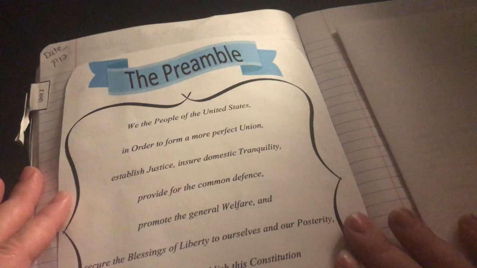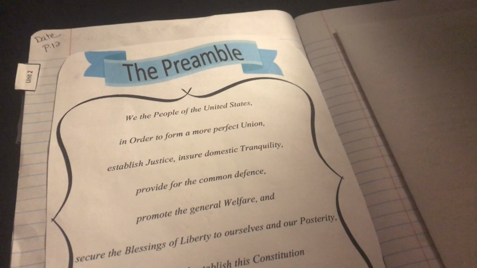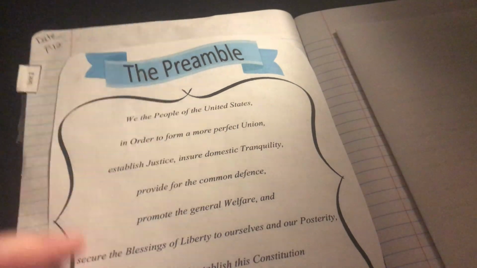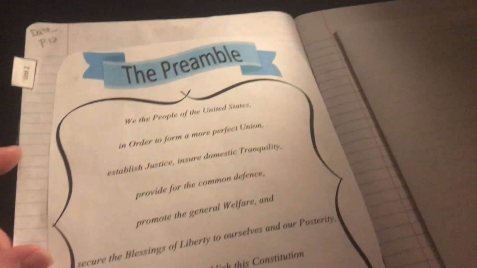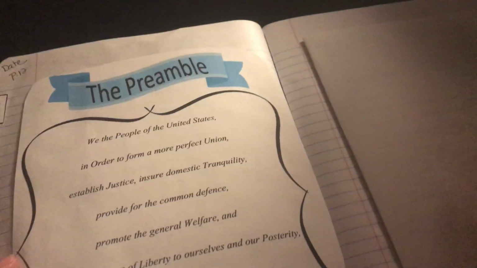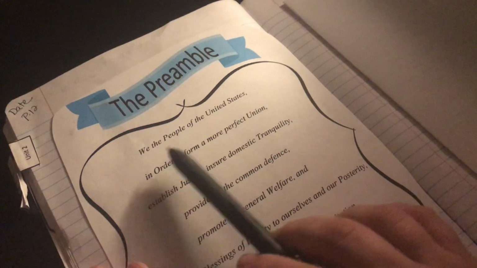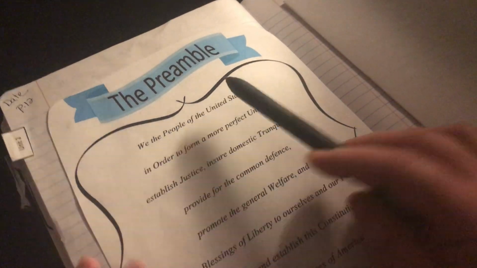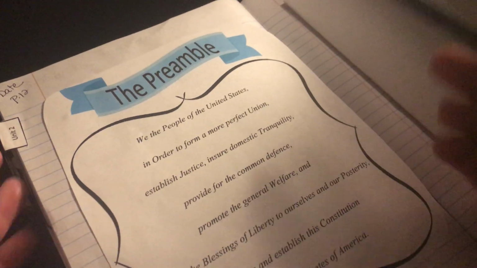Okay, let's look at the preamble. There are a couple words that we need to know within each of these. When we talk about the preamble, that means this is the beginning of the Constitution. This is the first thing that is read.